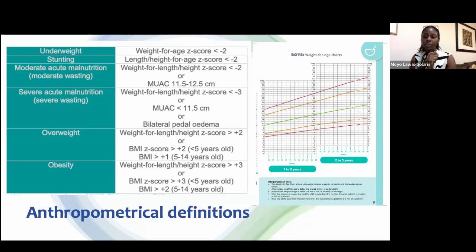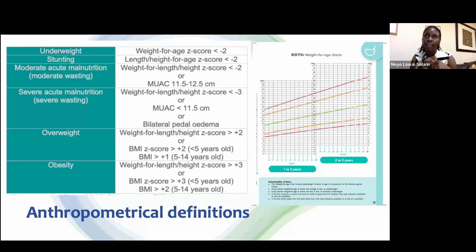A SAM is a weight for length or height less than -3, so that falls below the red line, or a MUAC of less than 11.5, or bilateral pedal edema. It's important to realize that it's any one of these, not all three necessarily.